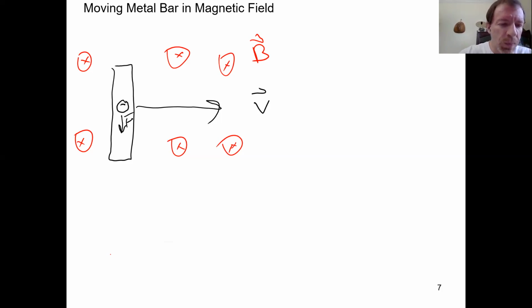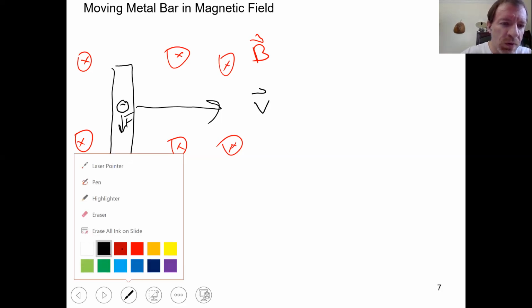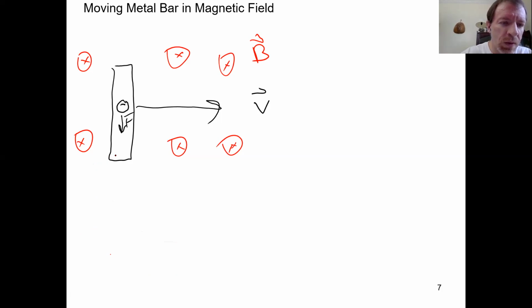And so what happens? Well, we have some electrons that basically end up moving down here to the bottom. And where are they moving from? Well, I know I drew it as being in the middle, but what's actually going to happen is they're going to end up migrating from this region up here at the top. So we've got a separation of charge there. If we could imagine that there are positive charges that are free to move, they would accumulate up at the top of the rod.